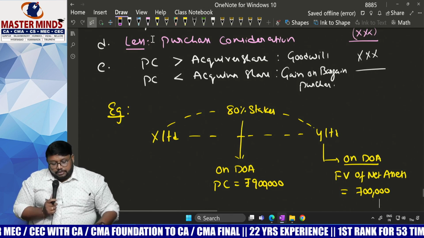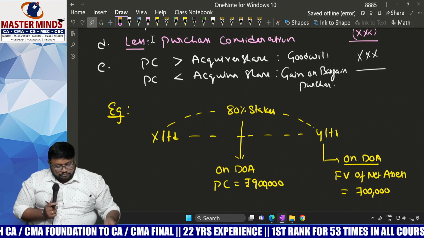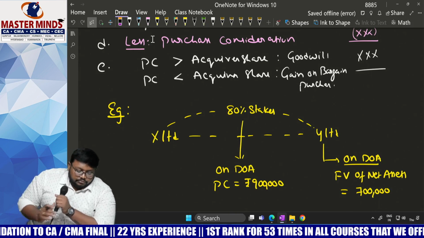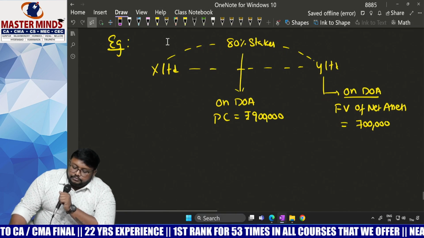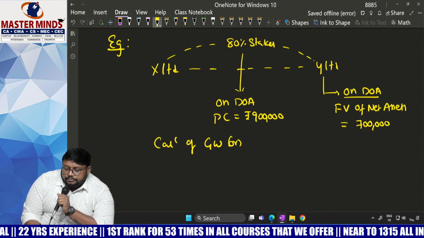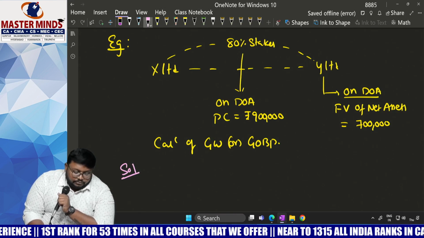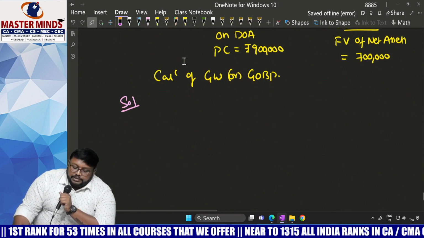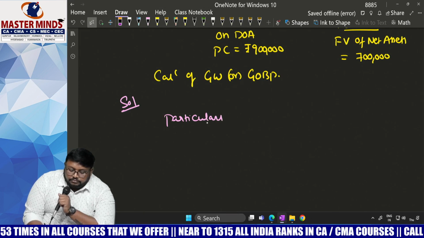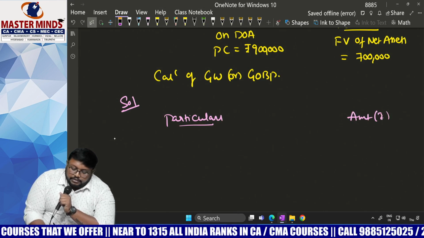So calculate goodwill or gain on bargain purchase. Calculation of goodwill or gain on bargain purchase. So our format we're having particulars, amount in rupees. See how we have to make.